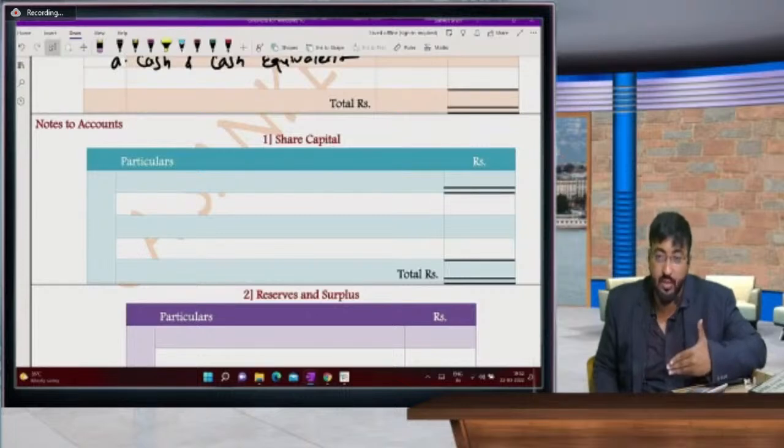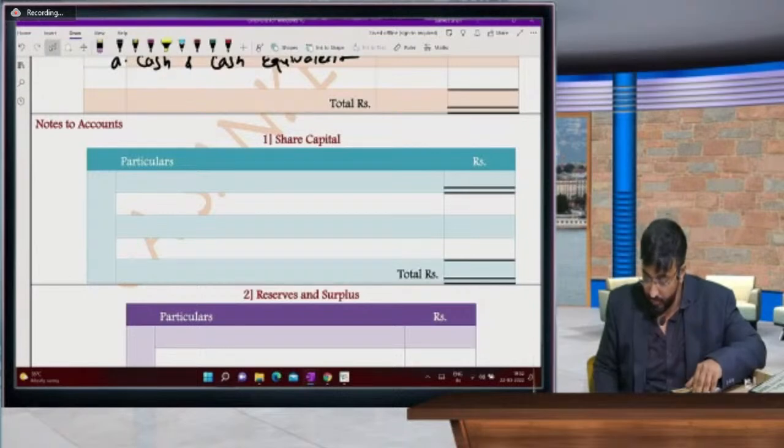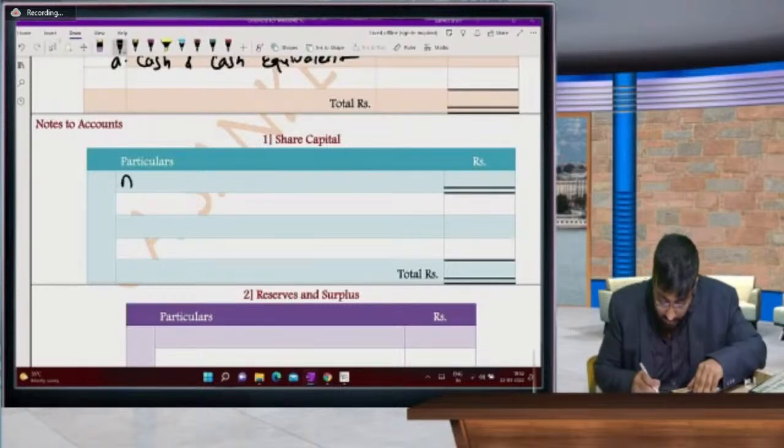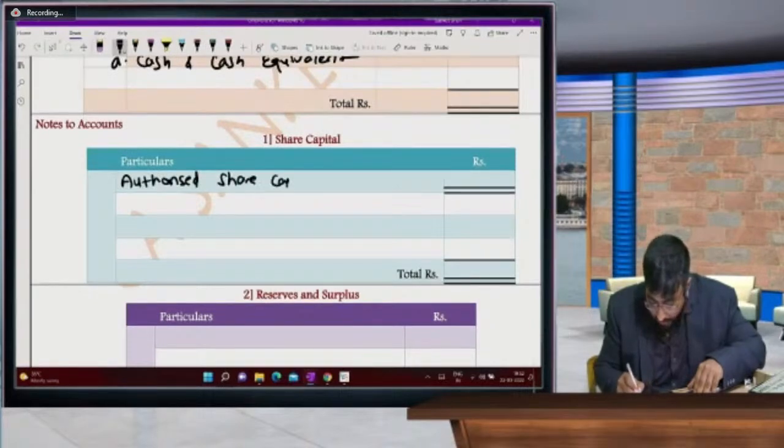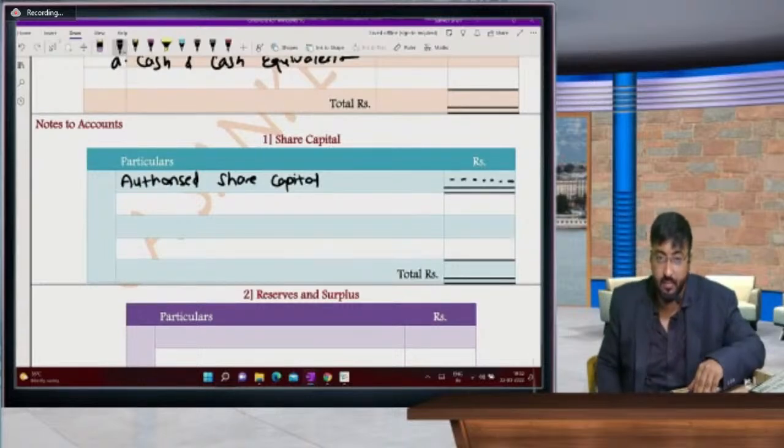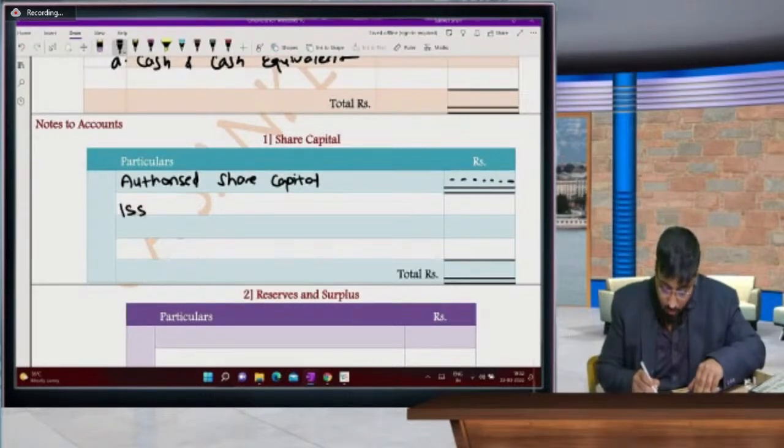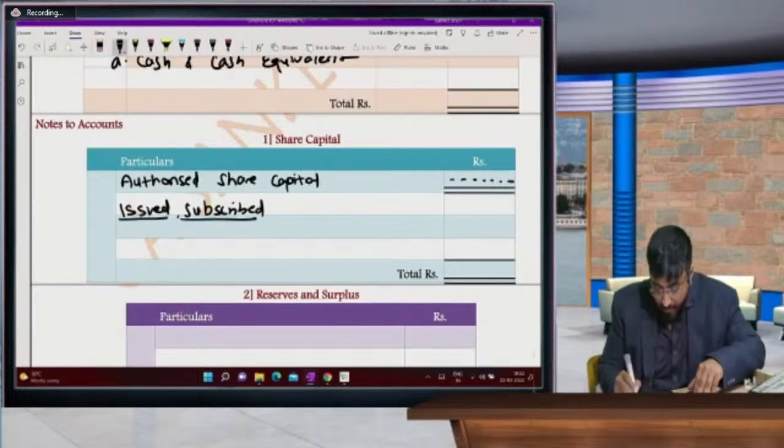Everyone has to write with me. Please write these things with me. Notes to accounts. Authorized. Authorized share capital. Dash, dash, dash, dash, double underline. Issued, subscribed, and paid up capital.